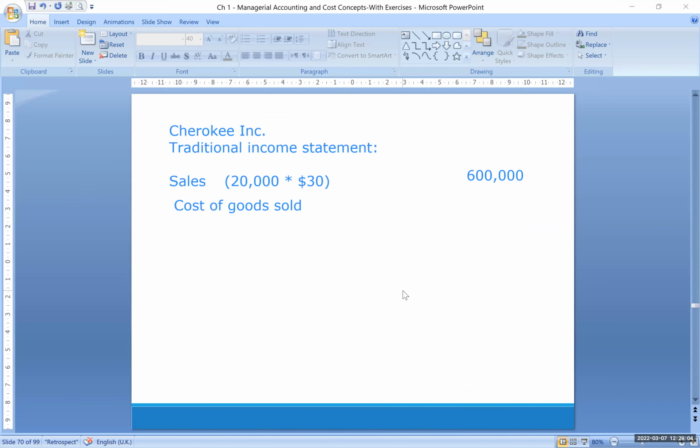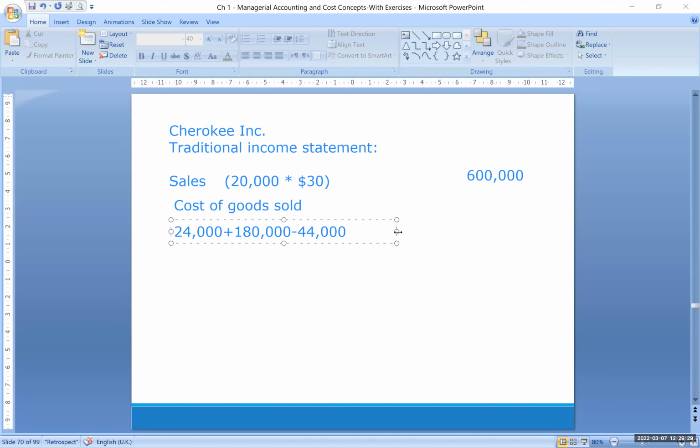So the cost of goods sold is equal to beginning inventory 24,000 plus 180,000, which is the purchases of the goods, minus the 44,000, which is the ending inventory.